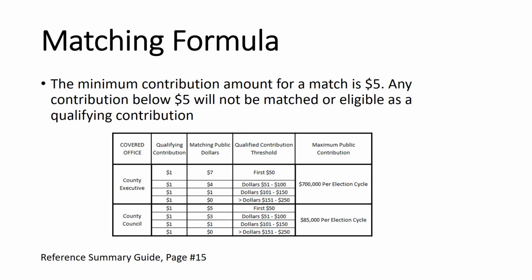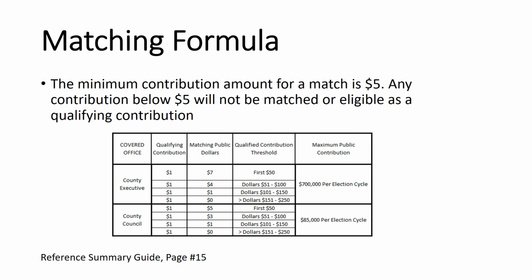Similarly, if a county executive candidate receives a $60 eligible contribution, he or she will receive $350 in matching funds for the first $50 plus $40, which is calculated by $4 for each of the subsequent dollars of the remaining $10 donation.